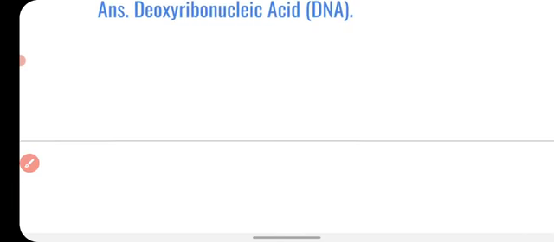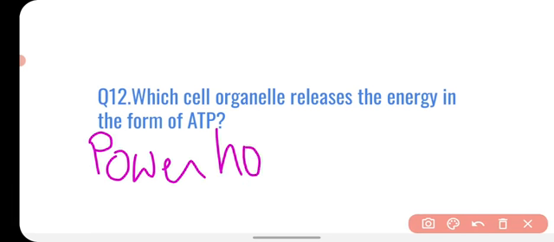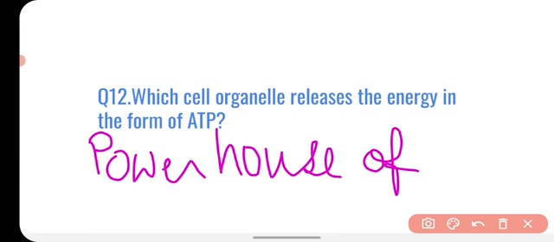Now the next question is, which cell organelle releases energy in the form of ATP? So you know that there is an organelle in our cell which is called the powerhouse of the cell. Can you guess which organelle it is?